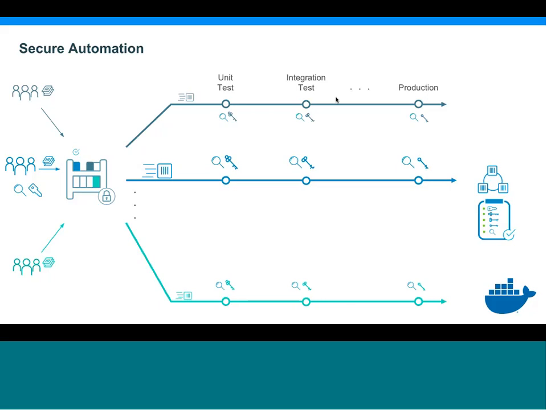And so when it gets to production, we have this entire chain of custody. We can verify that it's passed all the right steps by all the right people or processes, and that it's secure from a vulnerability standpoint as well.